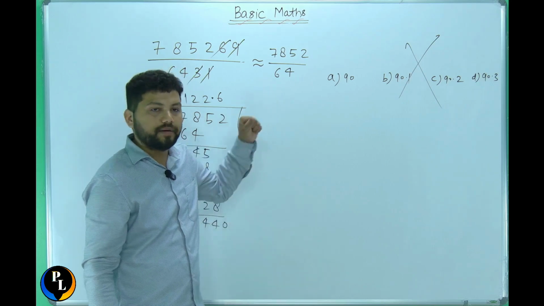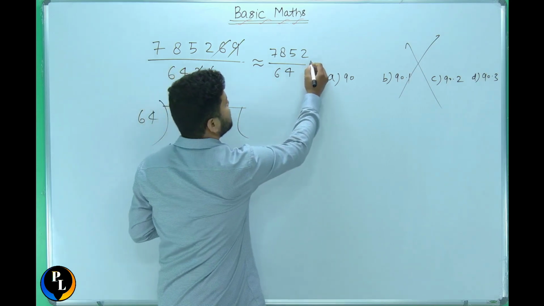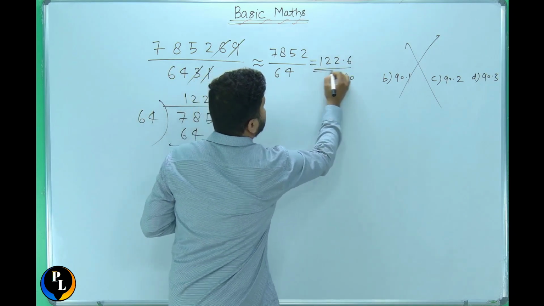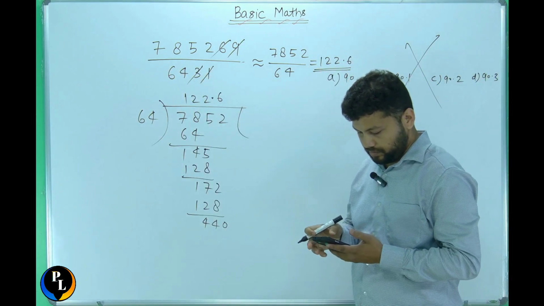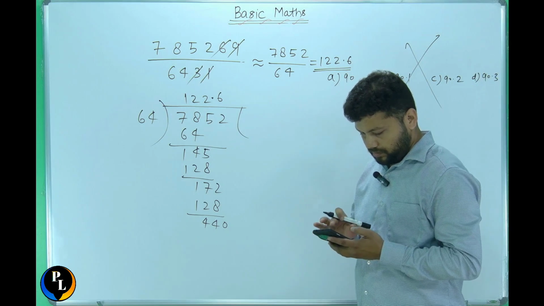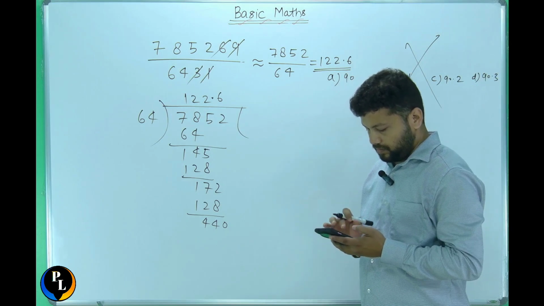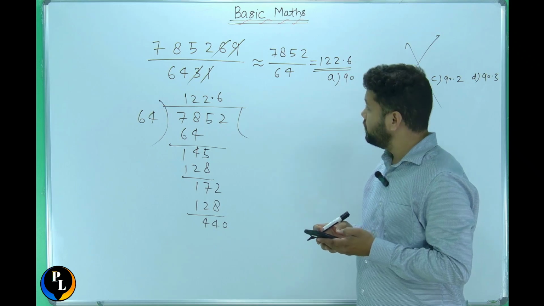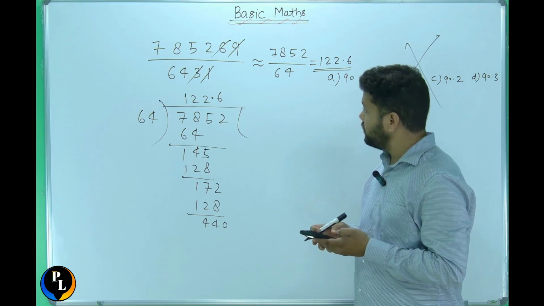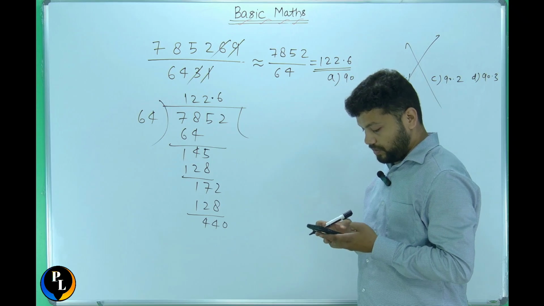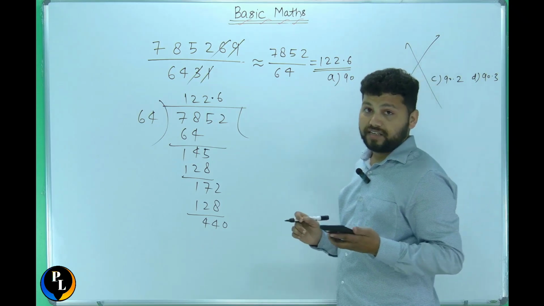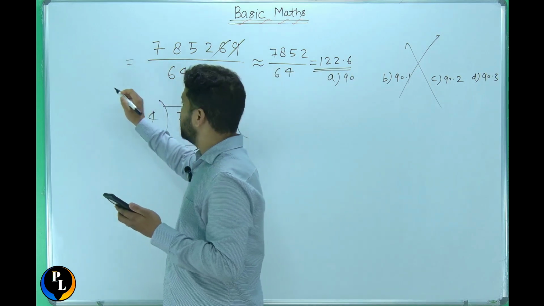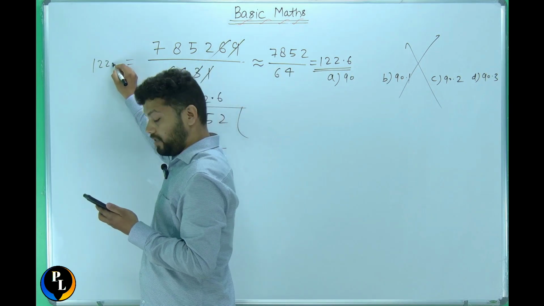Now our answer is coming. How much? Our answer is coming 122.6. Now 785269 divided by 6431, the real or exact answer, the correct answer is coming how much? 122.1.